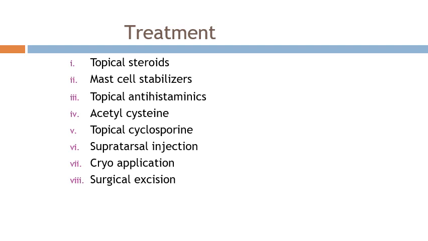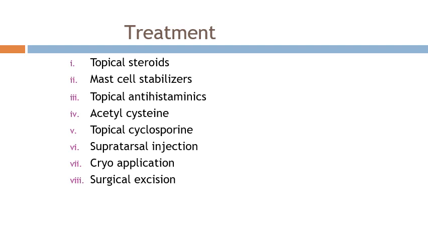Then when large papillae are there, you can go for supratarsal injections of steroids. If it is not resolving with that also, you can go for cryo application to those papillae. Then the final stage is surgical excision of these papillae. Once the causative agent is removed, the cornea can automatically be saved.